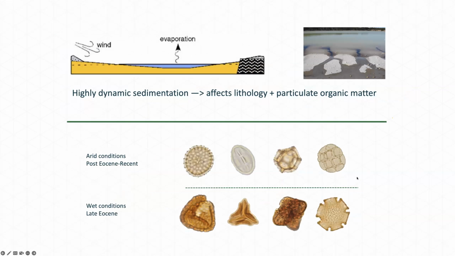So I'm about to round up here. Evidently in Western Australia, the highly dynamic sedimentation affects not just the lithology, but also, in our case, the particulate organic matter, including the palynomorphs themselves. So post-Eocene, we had the arid conditions and the wetter conditions during the late Eocene.